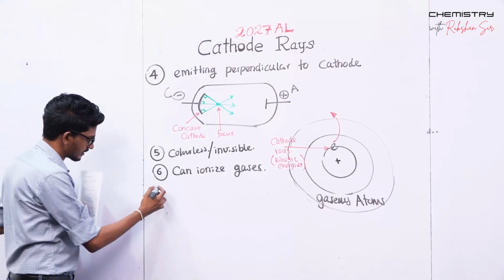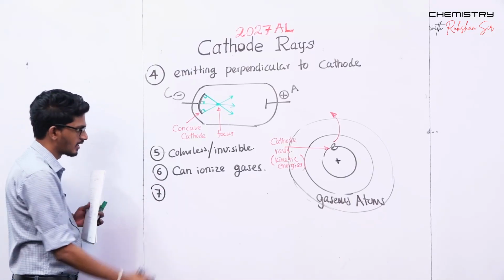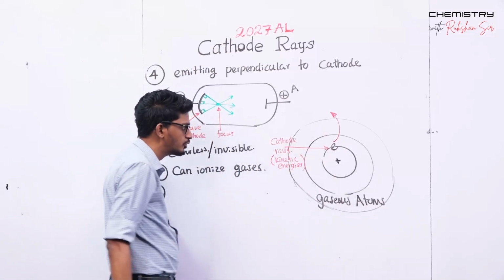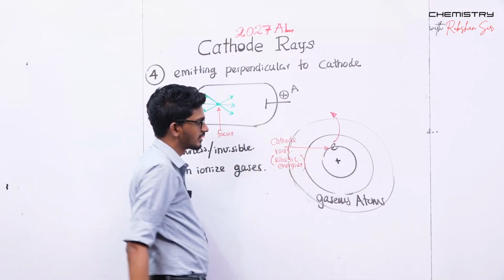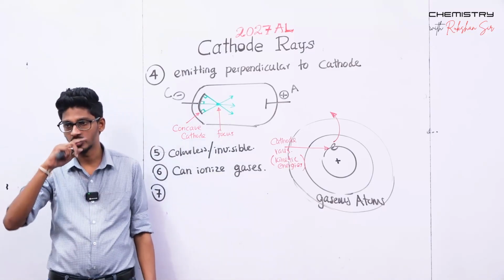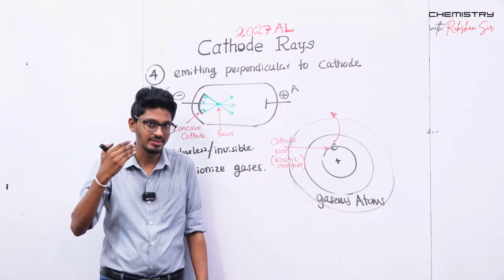Number 7, the properties of cathode rays. Actually, this property, ionizing gases, is used when we discuss positive rays, which will be discussed in the next class.